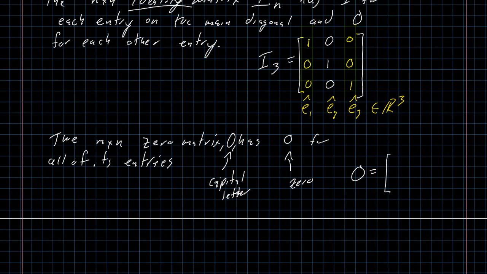And we can have a zero matrix in any kind of dimension. So O sub n, again, it's just zeros everywhere, just a whole bunch of zeros.